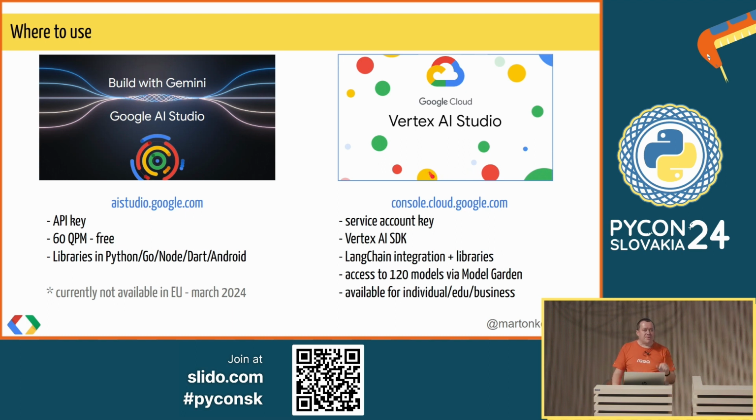Also, there are some different concepts. On AI Studio, hopefully someday it will be available also in the EU, there is an API key. On the other part is a service account key. AI Studio offers 60 queries per minute for free.